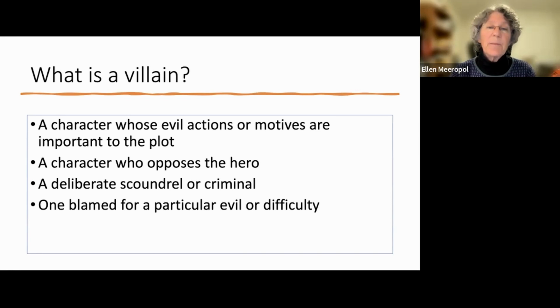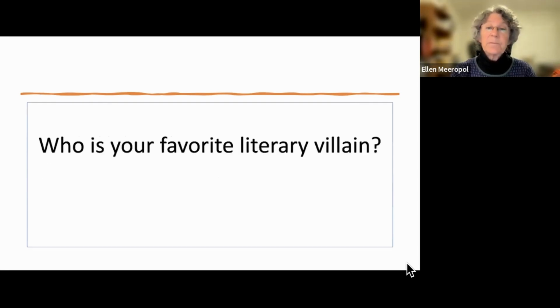It's important to remember, though, that a villain is a particular type of antagonist, the character in opposition to the main character or protagonist, but not all antagonists are villains. We're going to talk tonight about that subset, who are bad guys. Let's take a moment to think about this question. Think about who your favorite literary villains are.